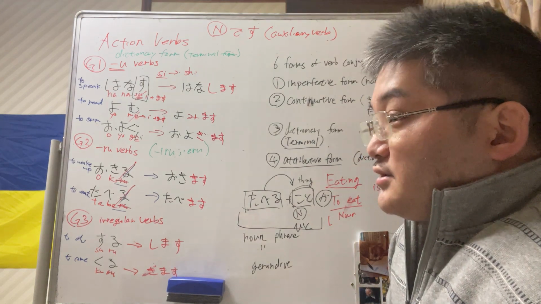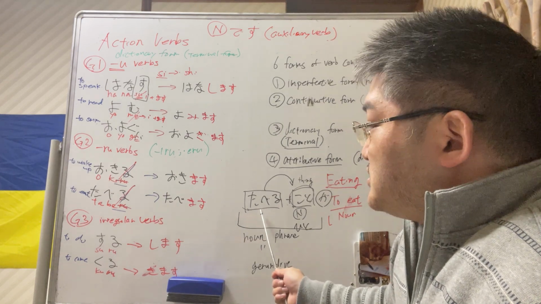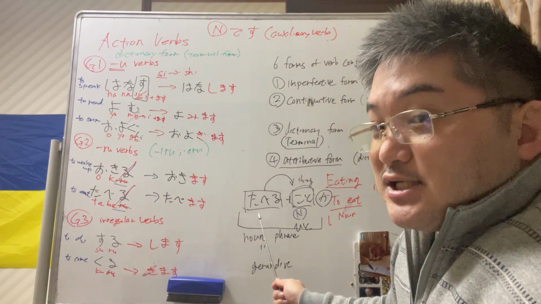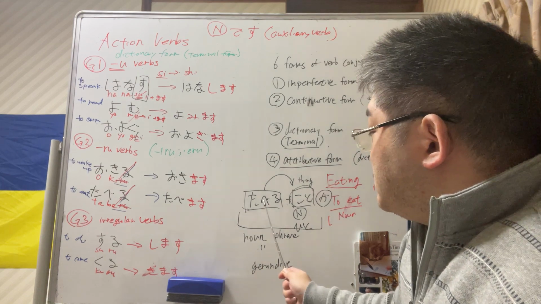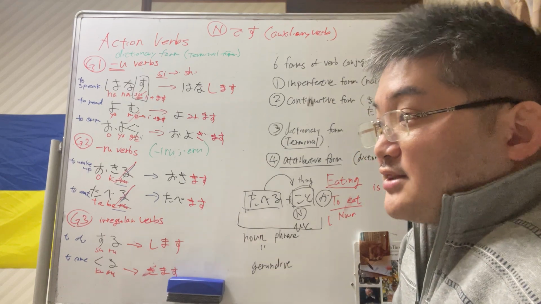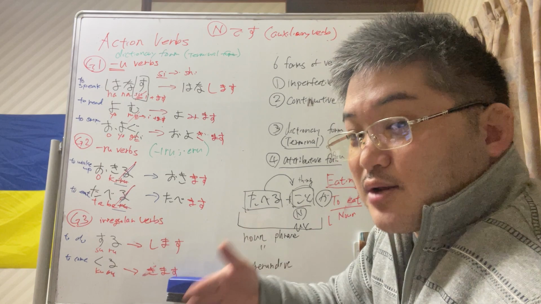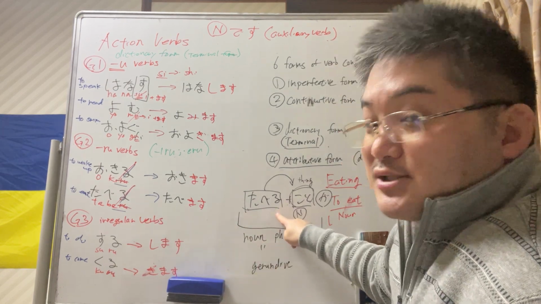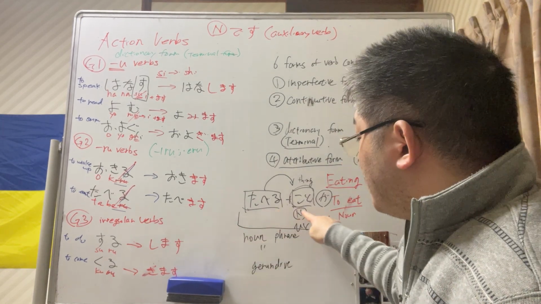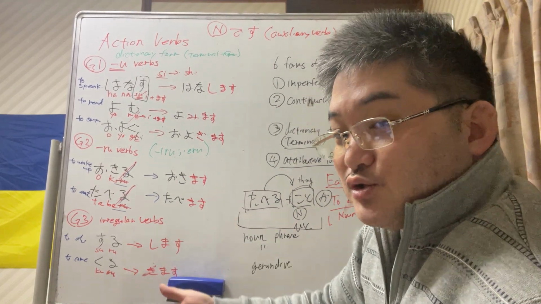That's correct. We will see this later, but we do have to change this into 食べたことがあります, I have the experience of. Yes, it's the same as the present perfect. But you can also use it this way: 食べることがあります. That means I would occasionally do such a thing.